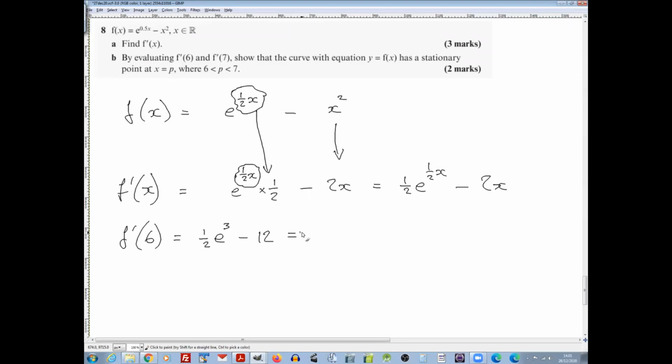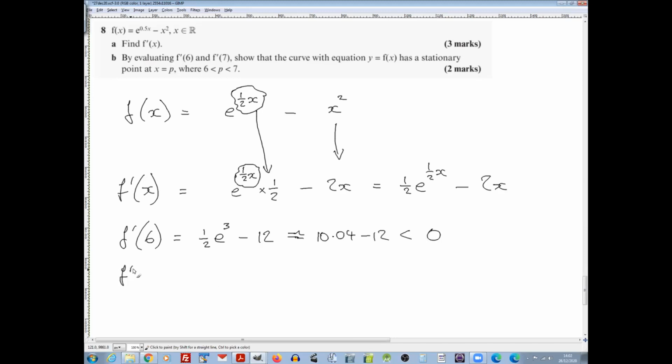Anyway, if we cube it and halve it, we get a bit less than 12. We get roughly 10.04, which is going to be less than 12, and therefore this comes out negative.